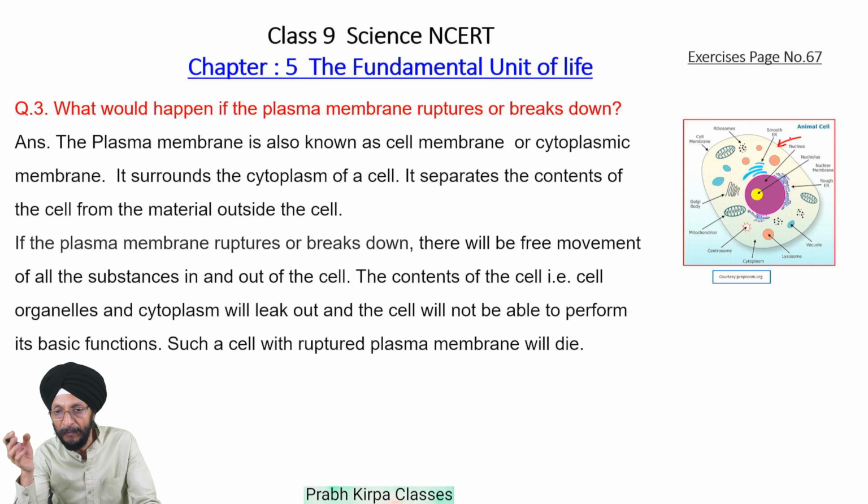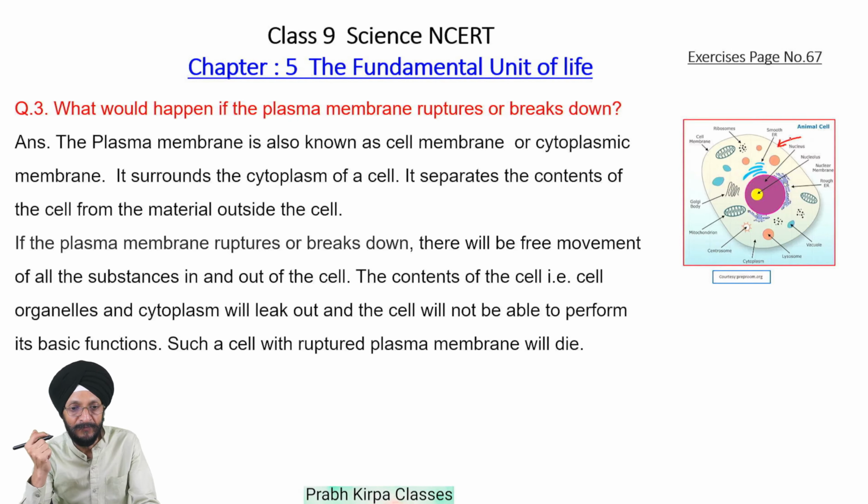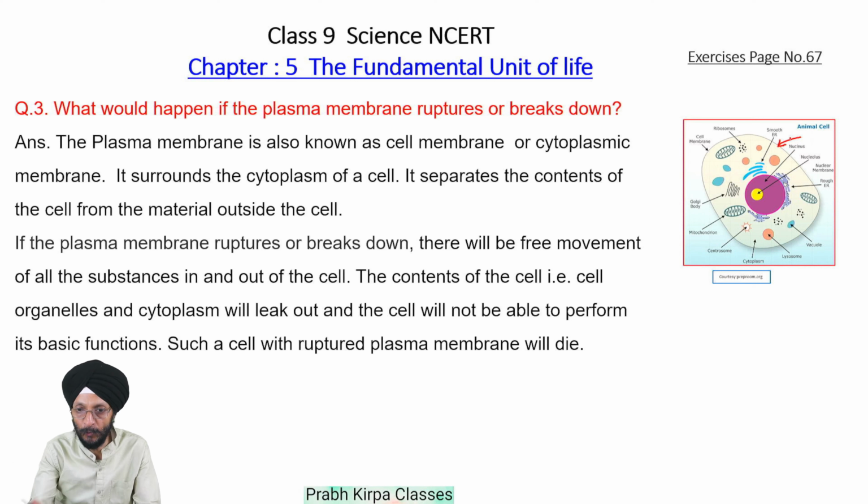The plasma membrane, as already told, is also known as the cell membrane or cytoplasmic membrane. It surrounds the cytoplasm of a cell. It separates the contents of the cell from the material outside the cell.